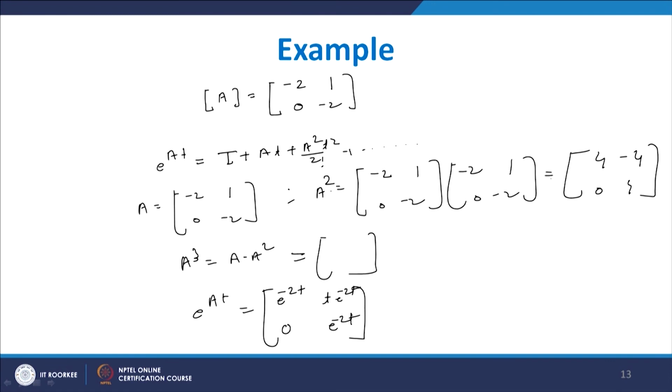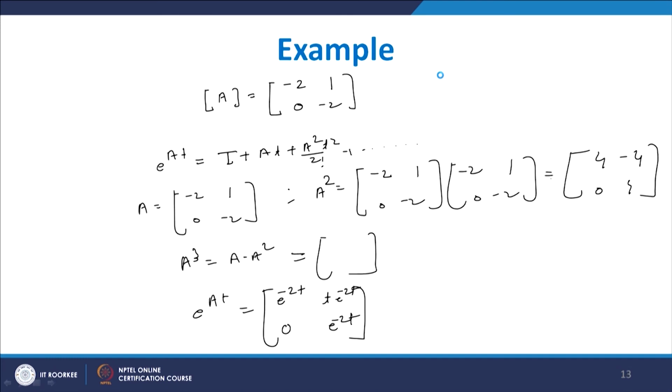You have to determine A square, A cube, A4 like this, replace these values, and from this same expression, taking different elements, we will get e raised to minus 2t, that is, the e raised to minus 2t portion is nothing but 1 plus minus 2t plus factorial 2 minus 2t square plus factorial 3 minus 2t whole cube. This is e raised to minus 2t. Similarly, we will get t e raised to minus 2t, 0, e raised to minus 2t.